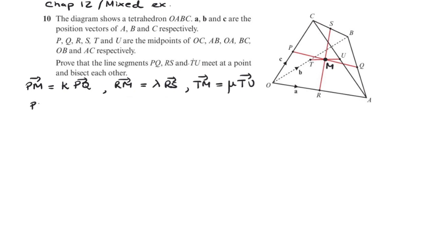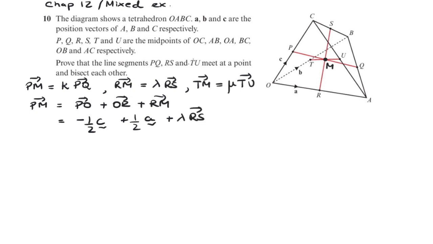PM can be written as P to O plus O to R plus R to M. We know that PO is minus half of C, because OC is C, and OR is just half of A, and RM is some scale factor lambda of RS.